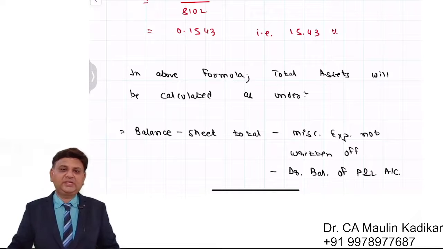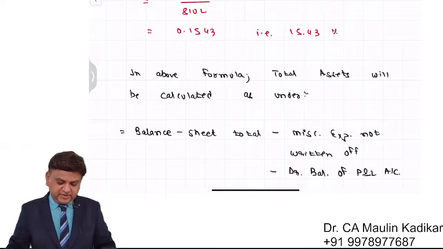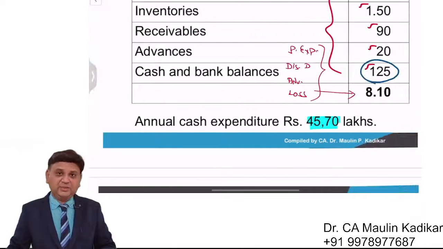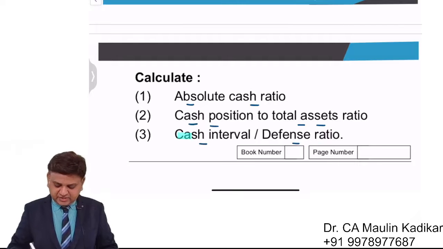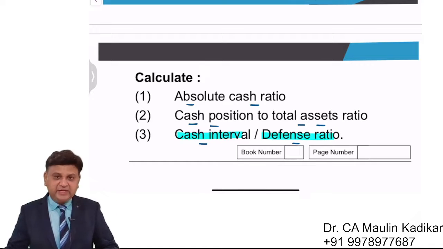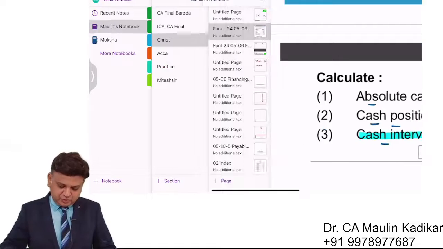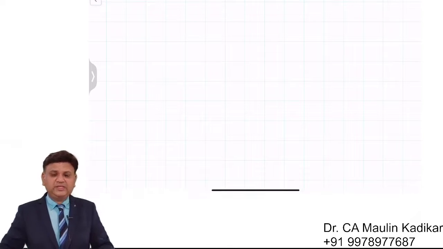Again, the higher the ratio is, it indicates that your liquidity position is sound, and vice versa. Friends, these three ratios are also the liquidity ratios. Third is the cash interval or defense ratio. The next question is cash interval or defense ratio. I request all of you to listen to my explanation.